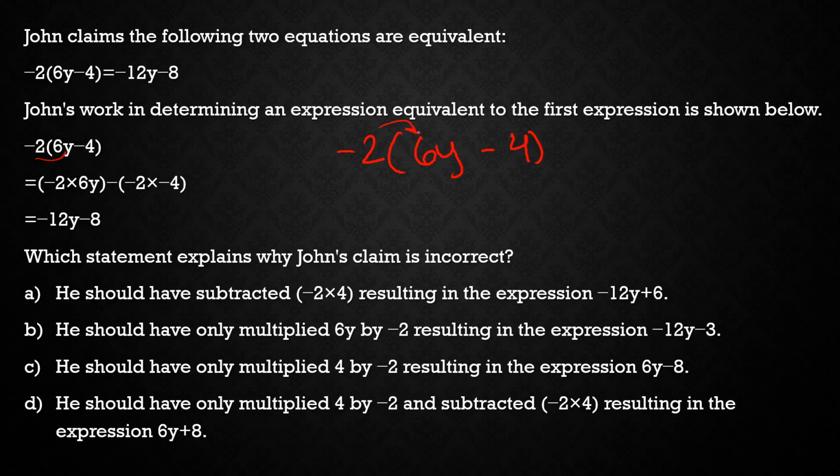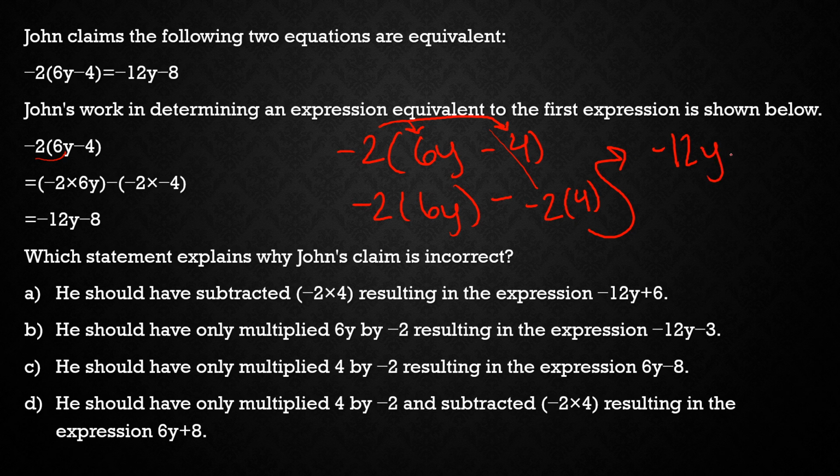Remember that when we are distributing, okay, so I have negative 2 times 6y. My minus sign comes down, which means that this 4 is not attached to it anymore. So I would then have negative 2 times a positive 4, which I'm going to continue this over here. I'd have negative 12y minus a negative 8. This double negative here should give me a plus.